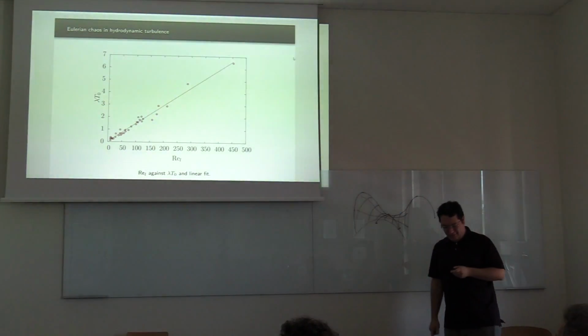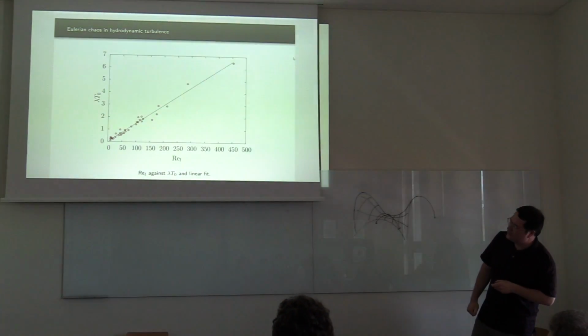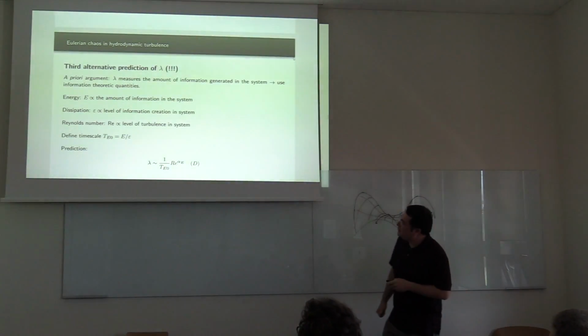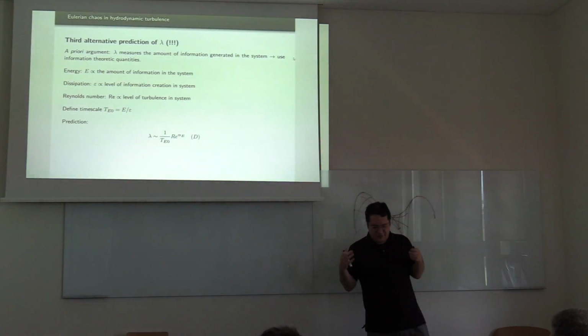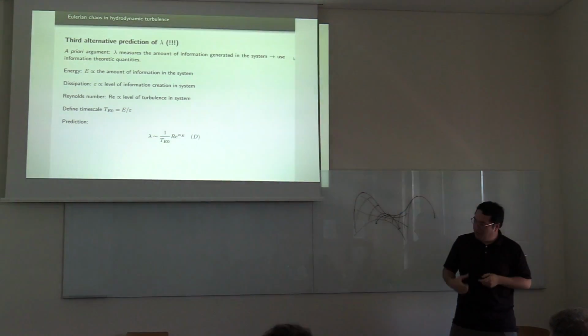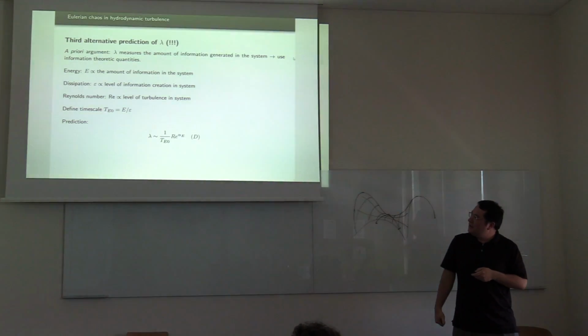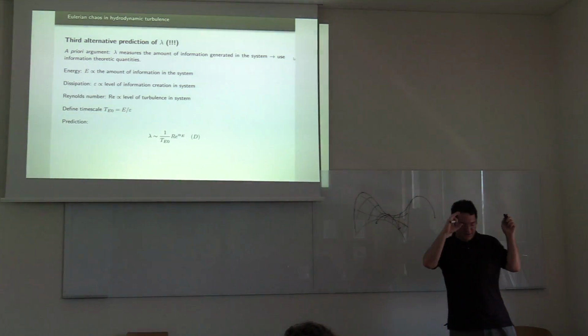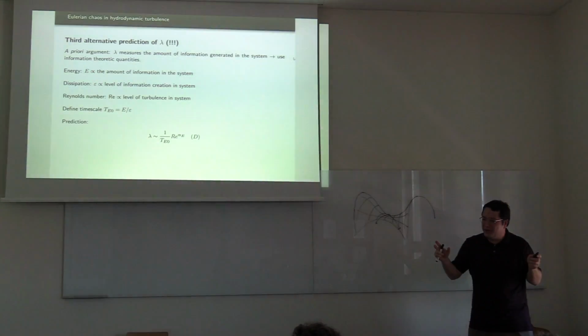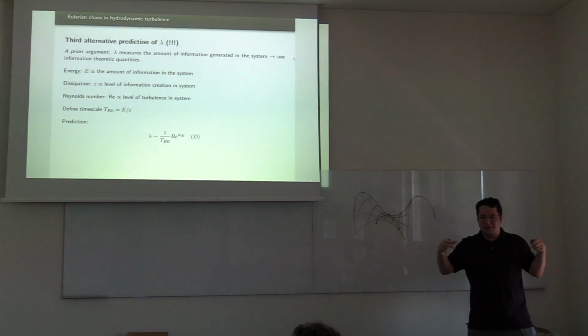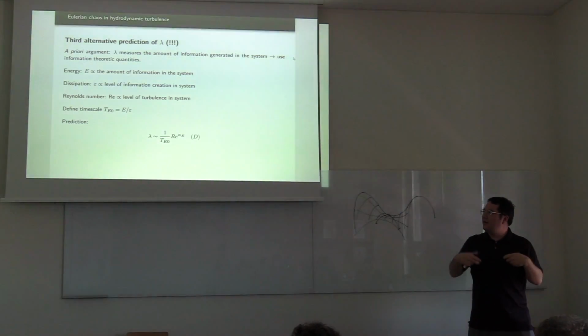But then we have another quibble with this, which is that our lambda is somehow capturing some sort of information generation in the system. So we can just a priori suggest what the relationship should be using only our information theory thing. So in terms of information, we've got the energy, which is somewhat proportional to the amount of information in the system. And if you have more energy in the system, you can encode more information in it.